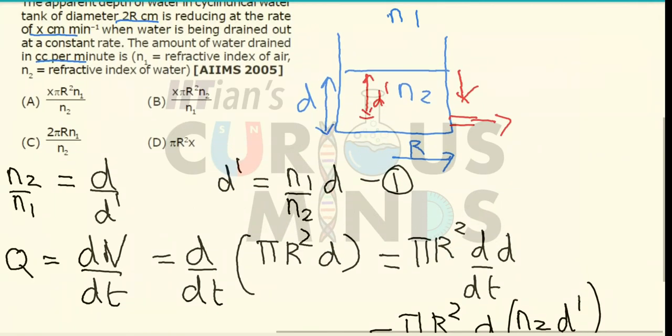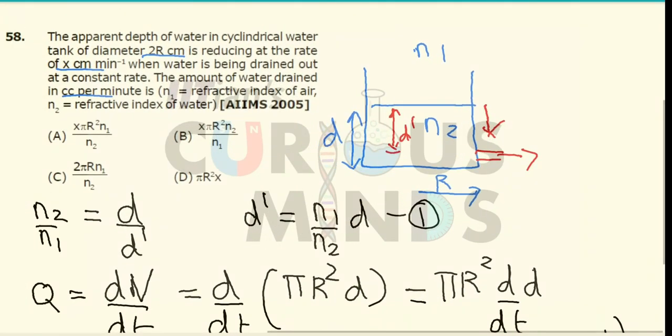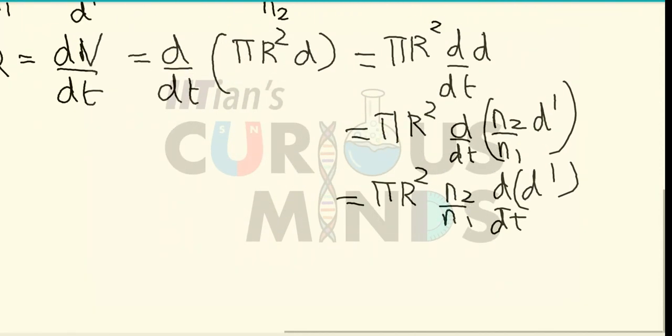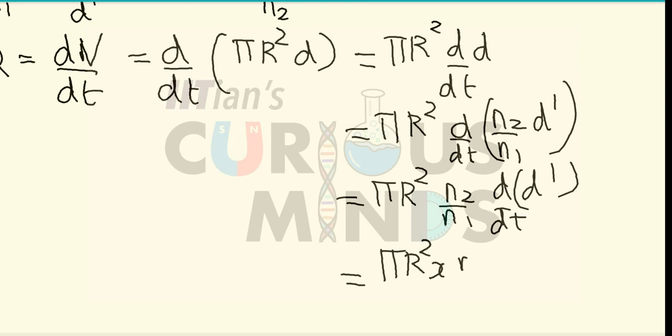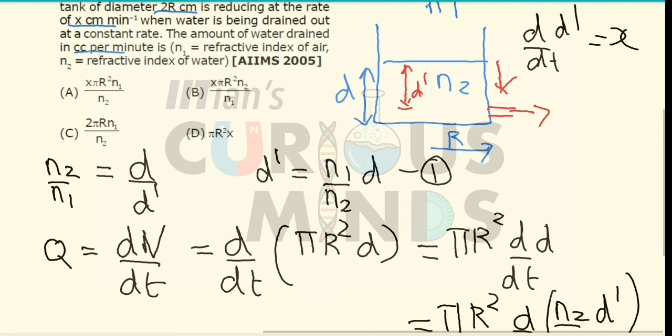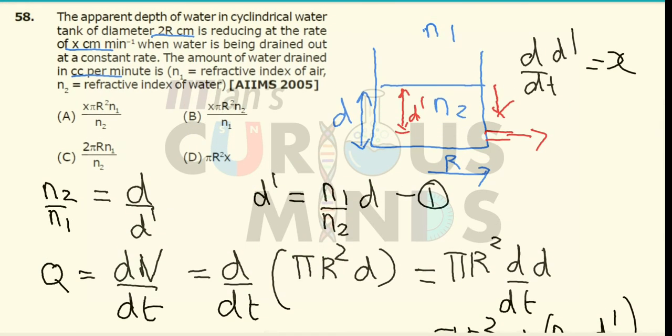The apparent depth at which it is draining, d dash by dt, is given as x over here. So when I substitute x, it will be equal to pi r square x n2 divided by n1, which is option number B.